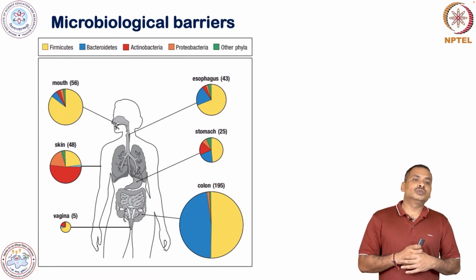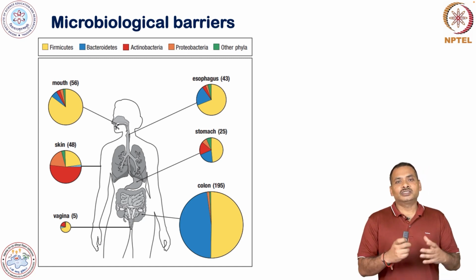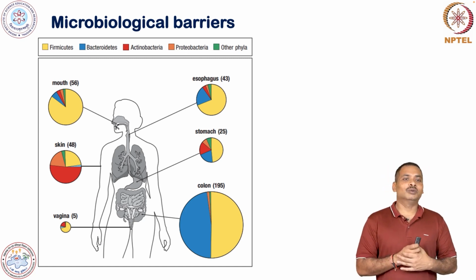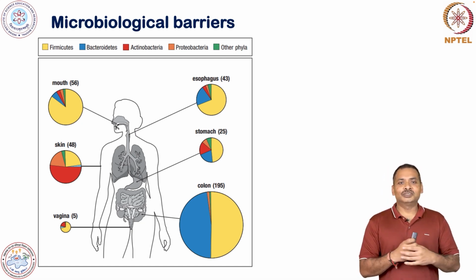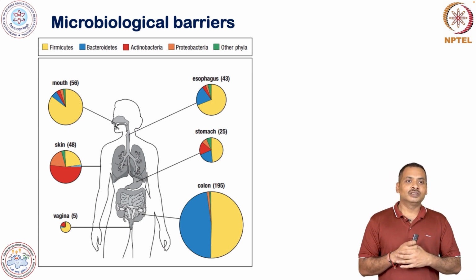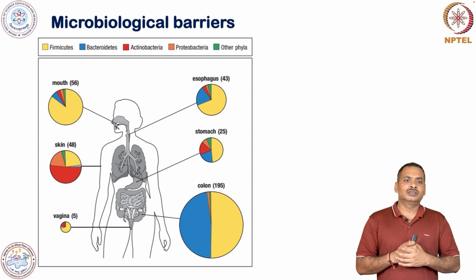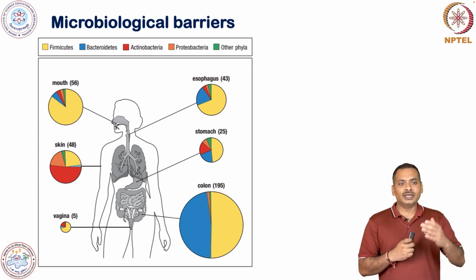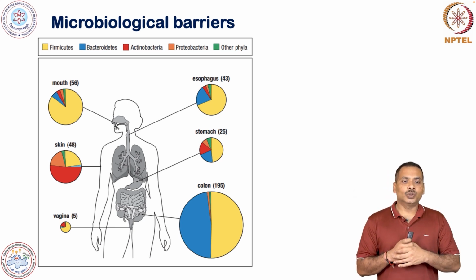Now I will move to the microbiological barrier, and this image is quite sufficient to explain the whole microbiological barrier. Here you can see a huge number of microbes present in different regions. In the mouth there is a big amount of Firmicutes, a family of microbes, and it is not only present in large amounts in the mouth, but also in the esophagus, stomach, colon, and vagina.